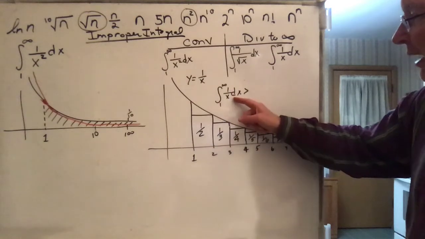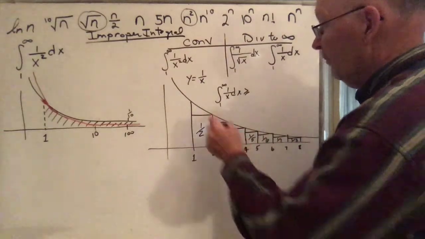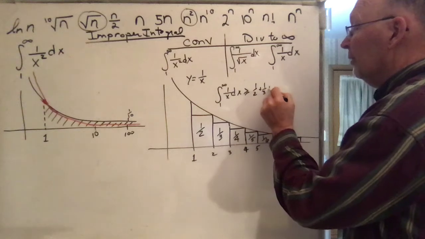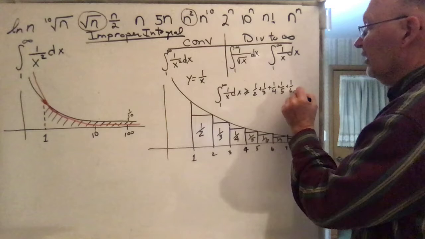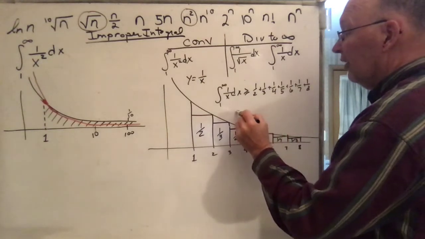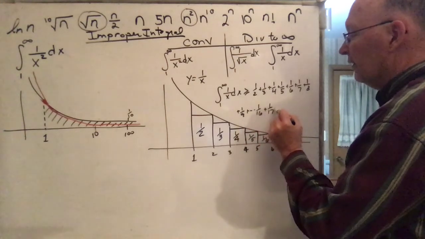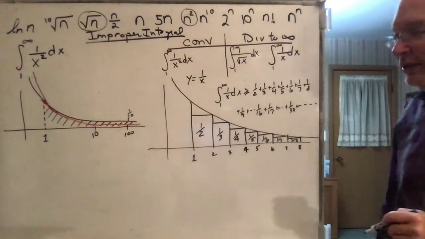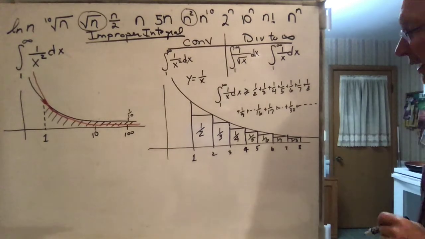And so the value is going to be, I'll say greater than or equal to, just to be super safe, but it's clear it's going to be greater than 1/2 plus 1/3 plus 1/4 plus 1/5 plus 1/6 plus 1/7 plus 1/8 plus 1/9 plus 1/16 plus 1/17 plus 1/32 plus keep on going forever. Agreed? Why did I write it like that?